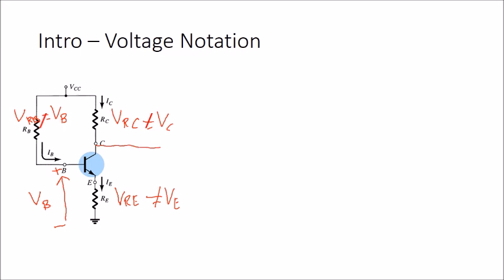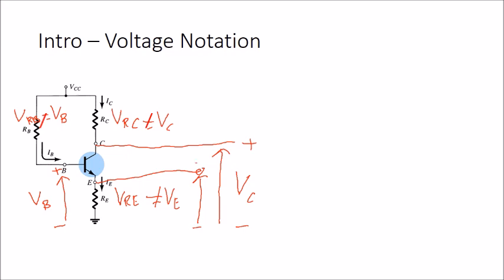This is the positive because of the current flow, and this is the minus. So this is your VC. Where is the VE? I think you can guess. VE should be here, between the E terminal and the ground terminal. This is the minus, this is the positive, and the value is VE.